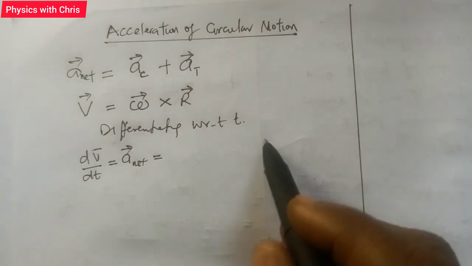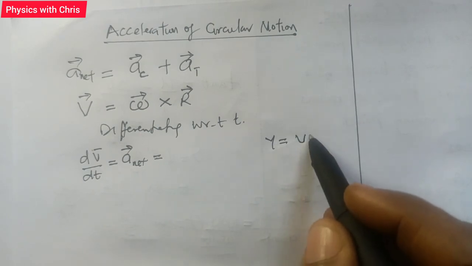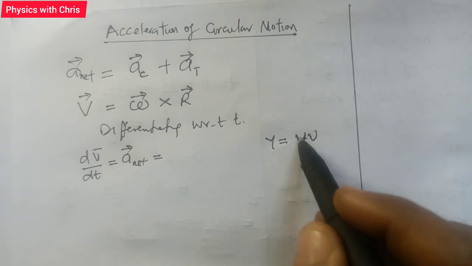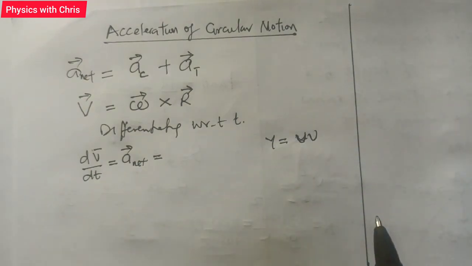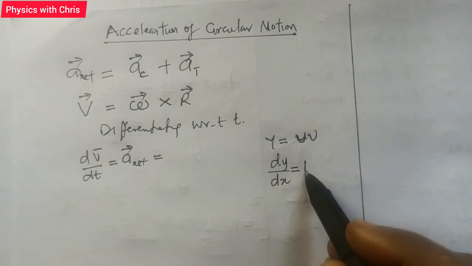Maybe I should quickly write down the product expression. If y is the product of two variables, u and v, where each of them is a function of x, then what is dy/dx? dy/dx is given by, let's see, u first.